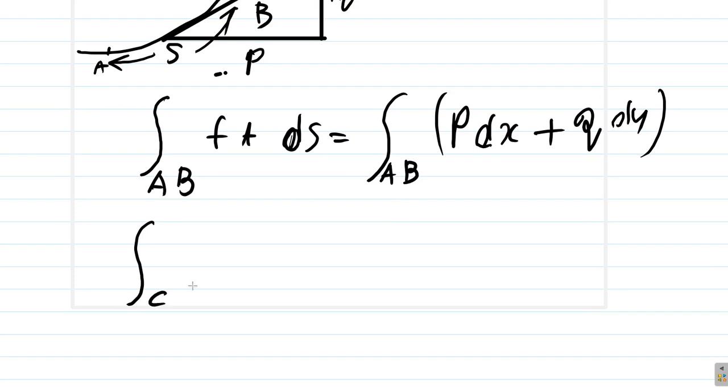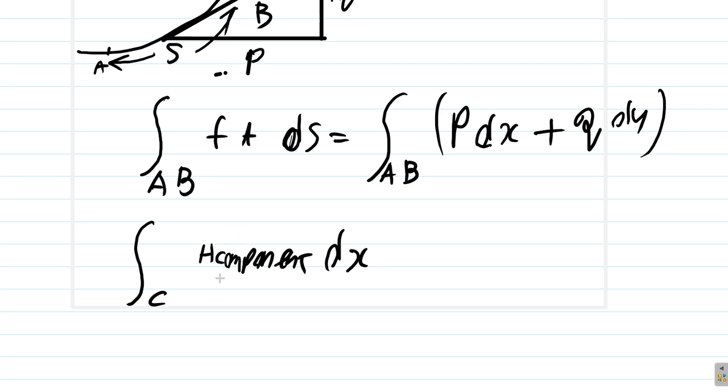Instead of AB, you could have C. So it's the integral along a curve of the horizontal component of the force or whatever other function multiplied by the change in distance along the horizontal. The horizontal component would be the x component, alright?